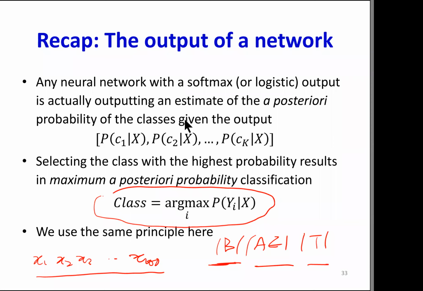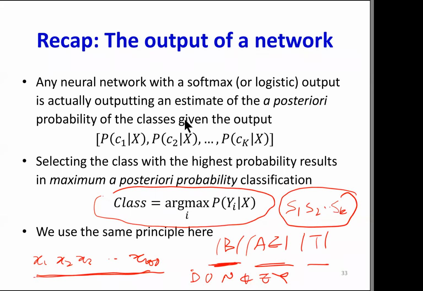So we want to pick the symbol sequence. We don't know the length of the symbol sequence. When you see this, we don't know whether it's bat or, like, donkey, with more phonemes. So we want to pick the symbol sequence S1, S2, ..., Sk, which is most probable given the sequence of inputs.